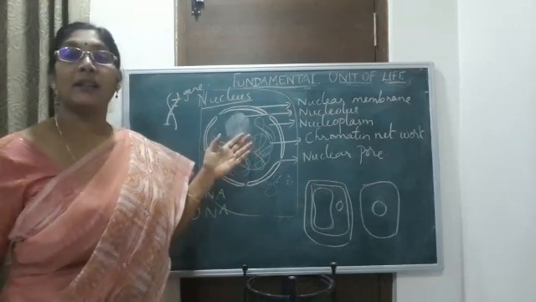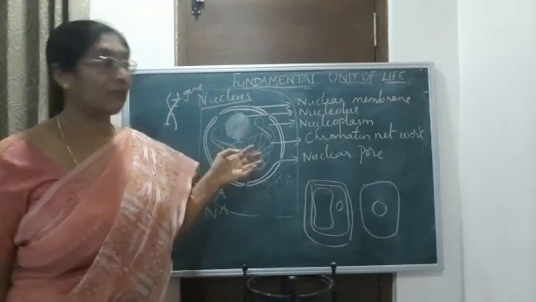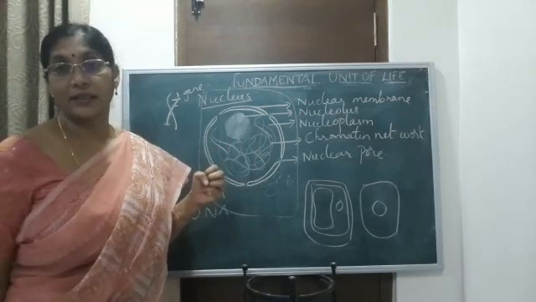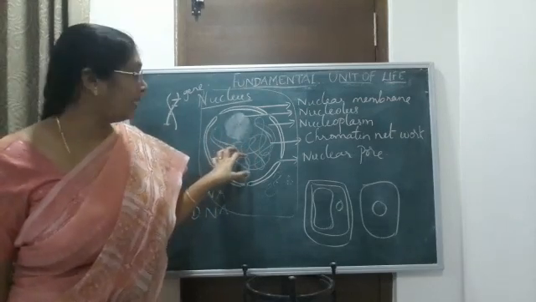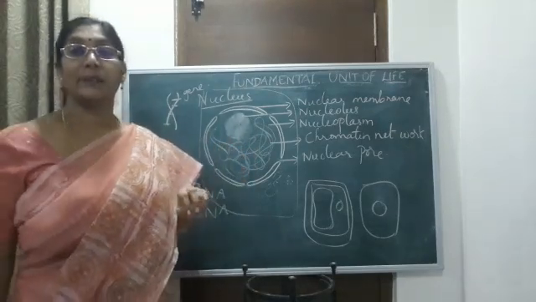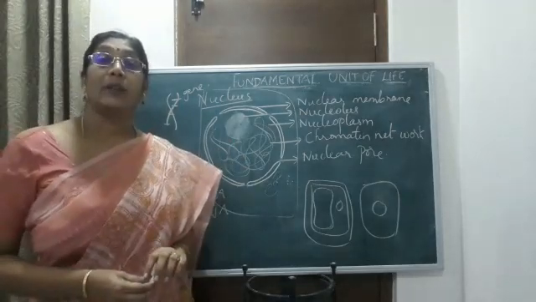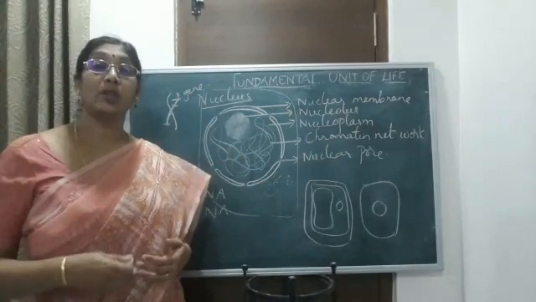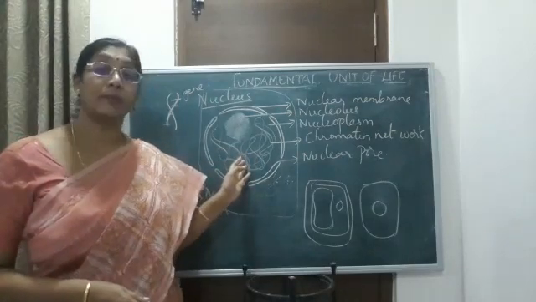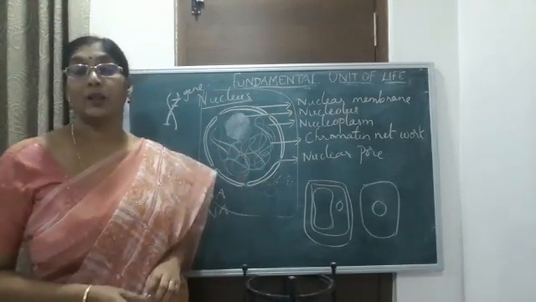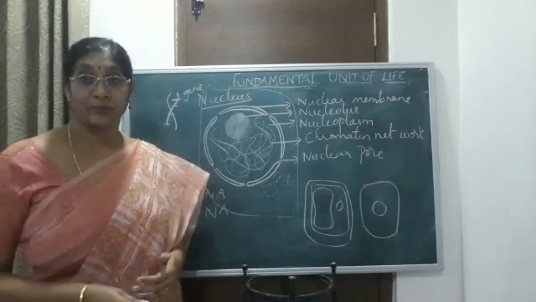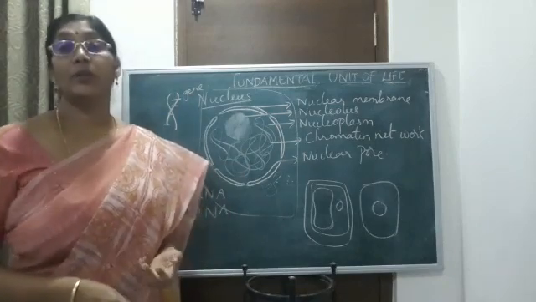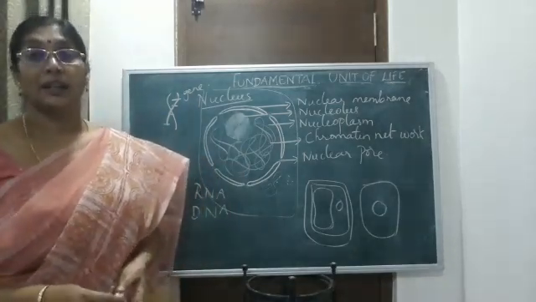All such things are decided by the nucleus, the genetic material that is present in the cell. This DNA is genetic material. This DNA will carry information, that is the heredity information, from one generation to another generation. Okay, because this will have information which it can pass on from one generation to another generation.